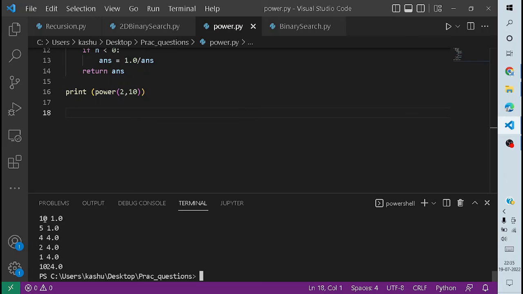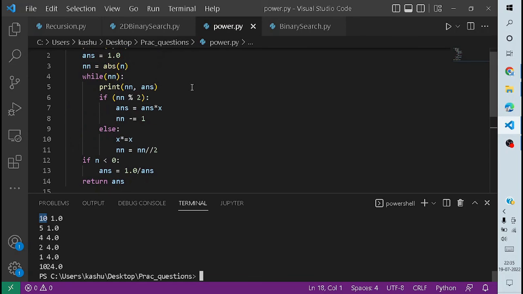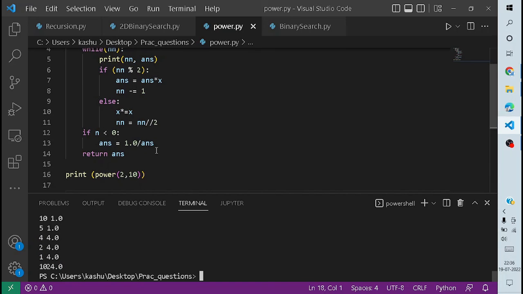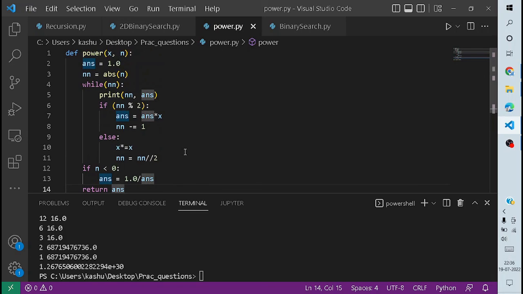So initially I have n equals to 10, then it is 5, then from 5 it will go to 4, then 4 to 2, 2 to 1, right? If you try with 2 to the power of 100, you will get very few iterations only, you will not get a lot of iterations.